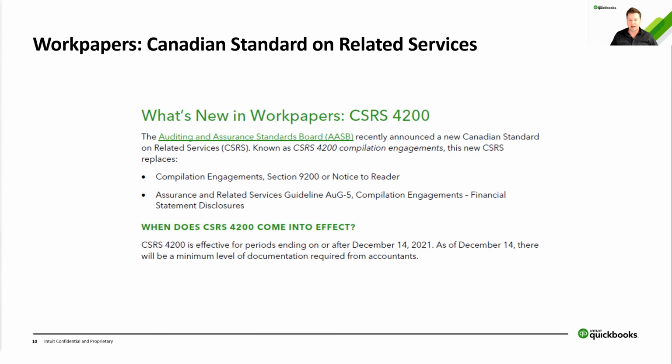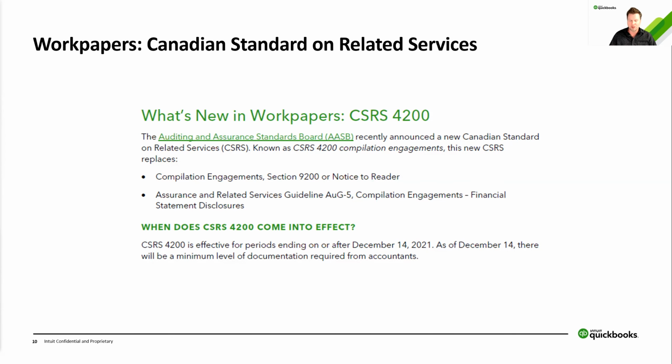Something to note, I think it's the biggest change in 30 years to presentation of financial statements. So for those of you who are CPAs especially, you will notice this has come down the pipeline for you. Biggest change in 30 years, yeah. And it's called the CSRS 4200, which basically means the Canadian Standard on Related Services.